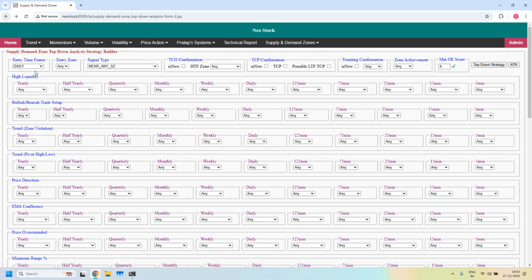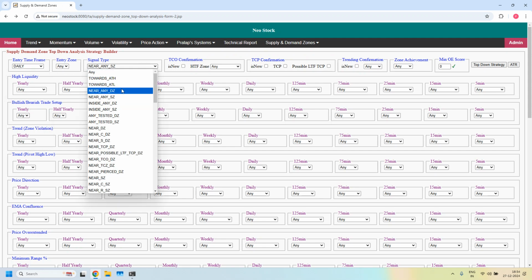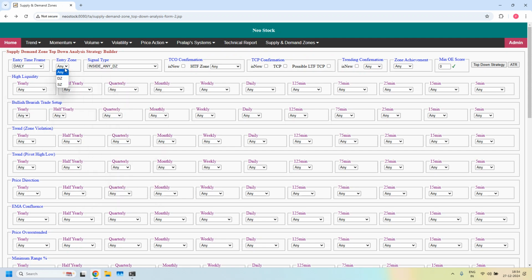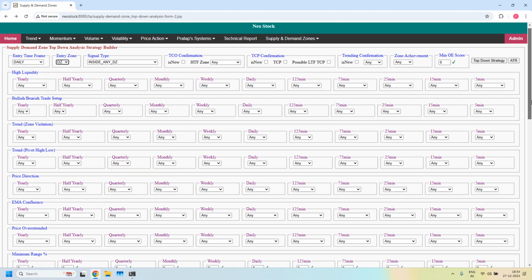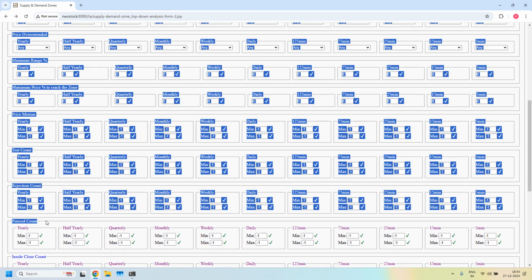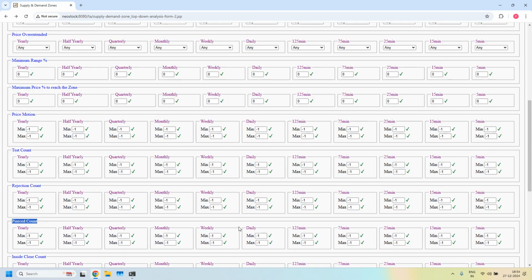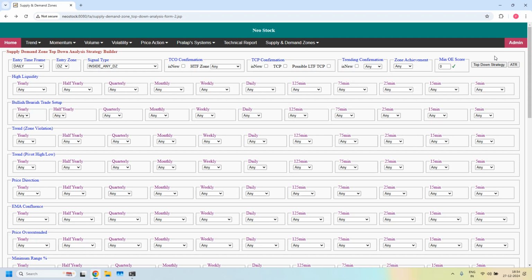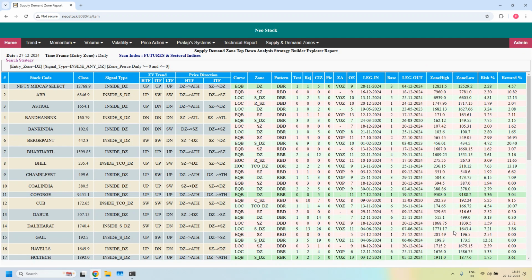Okay, next, daily time frame. Price closed inside the daily demand zone, and these daily demand zones should not be pierced. So in the pierced count, at the daily time frame, I am setting minimum value 0, maximum value 0. Now let's filter the stocks. Price closed inside the daily demand zones.